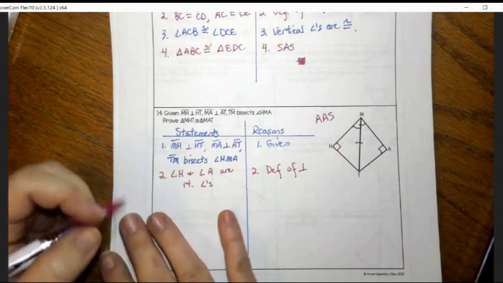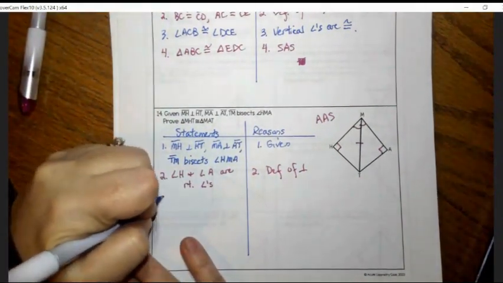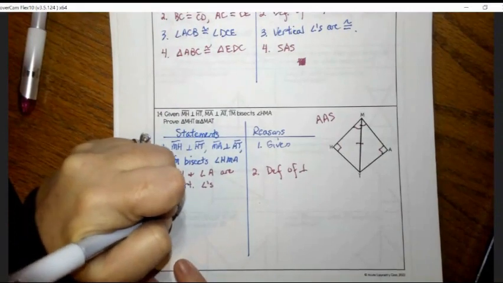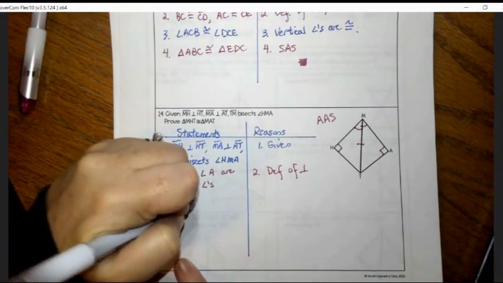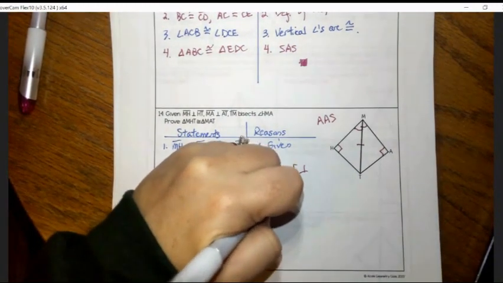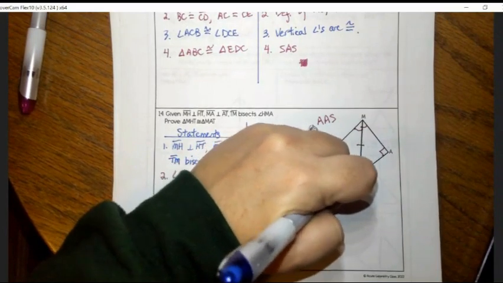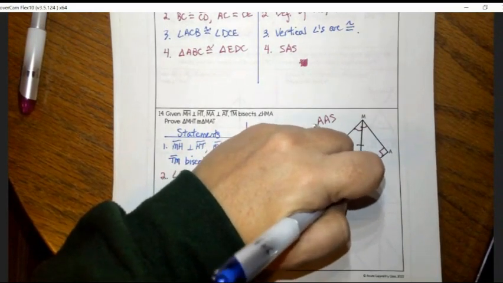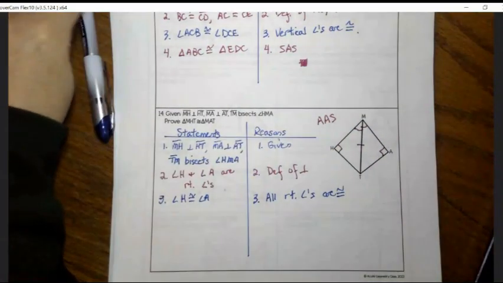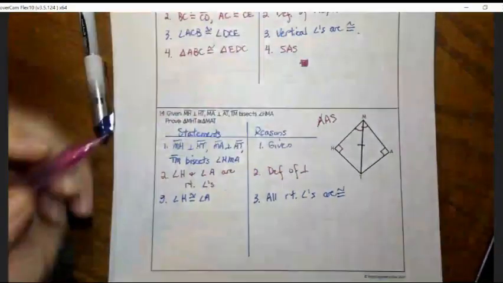Okay, and then since they are both right angles, we can say that they are congruent. So angle H is congruent to angle A, and the reason is that all right angles are congruent. Like that. Okay, so now we've said two angles are congruent. I'm going to mark off an A.